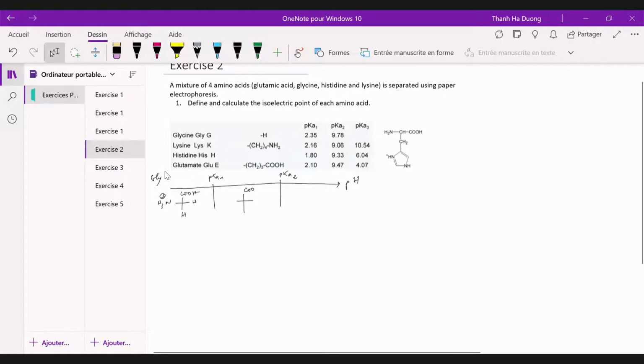So, at low pH in acid media, you have all the functions which are protonated. So the acid is neutral, COOH, and the amine is positively charged.